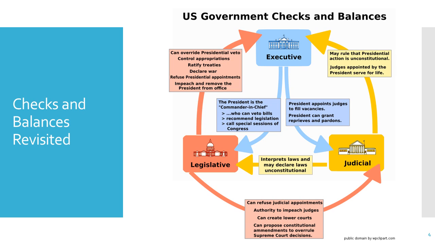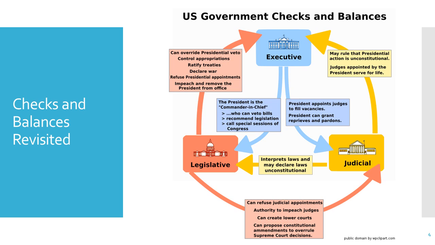The president can also grant reprieves and pardons, so if somebody is being punished unfairly, the president can solve that problem through executive action. The president also checks the power of Congress because the president gets to enforce the laws, so no matter what laws get made, the president is in charge of how those laws get enforced. In addition, the executive can veto bills, recommend legislation, and call Congress into session if he or she wants to.